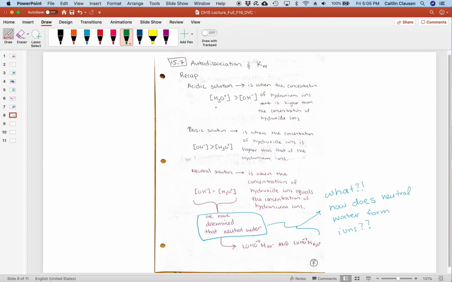So we know here that we define an acidic solution as 1, right? So we defined an acid as something that gives off protons. So it makes sense that an acidic solution would have a higher concentration of hydronium than hydroxide ions in it. So if we had an acidic solution, got some water molecules around because that's our solvent.